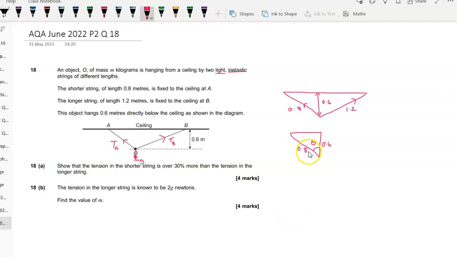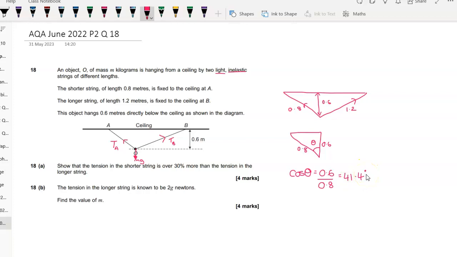So we've got opposite, adjacent, hypotenuse. So cos of theta is equal to the adjacent over the hypotenuse. Inverse cos of 0.6 divided by 0.8 equals 41.4. It doesn't say not to do it in degrees, so I'm going to do it in degrees.